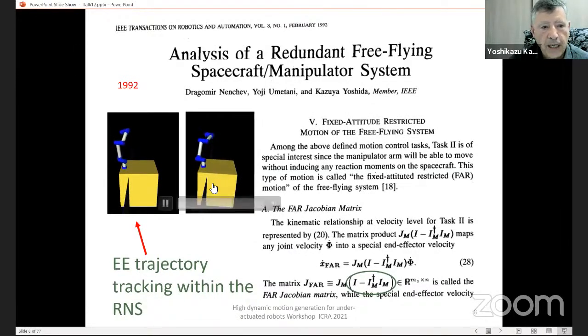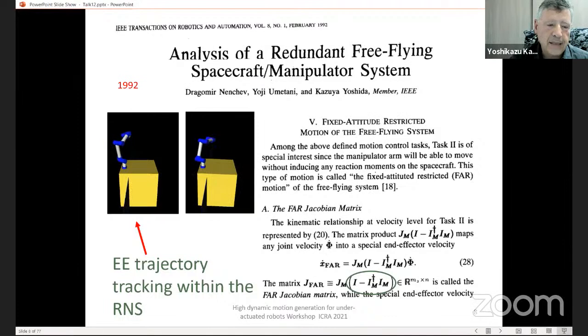In the conventional way, if you don't use this reaction null space, you have a deviation in this satellite base. And the deviation of the satellite base is very unpleasant because you have a communication link, you have an antenna, and if the antenna changes orientation, you lose this link to the Earth base control station.